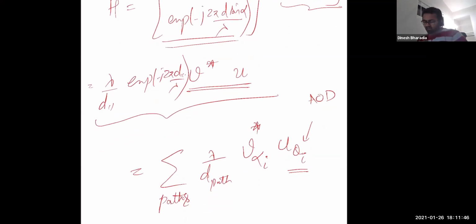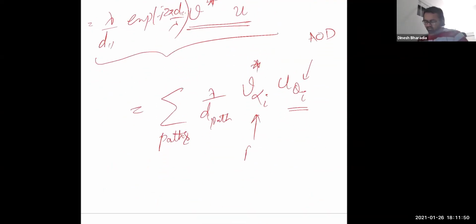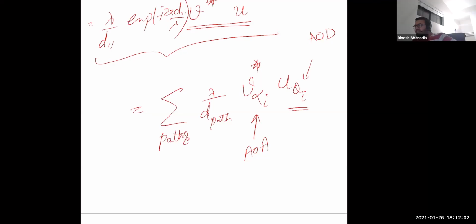Alpha is the angle of arrival. Everyone following me so far? Andrew? Yes. Kamlakanan? Yeah.